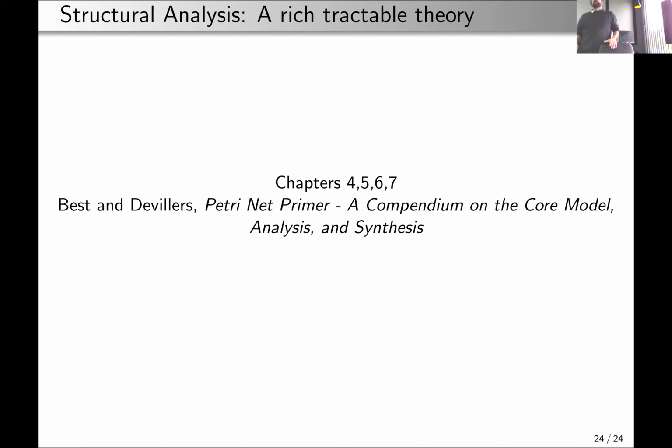It's like magic, and it's very brilliant that they reached this point. Colored Petri nets were designed on purpose so that this happens. So they were looking for an expressive model, but designed in such a way that all the structural analysis would go through, and it does on colored Petri nets.